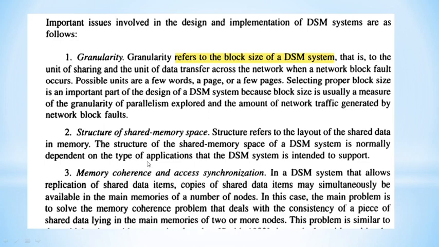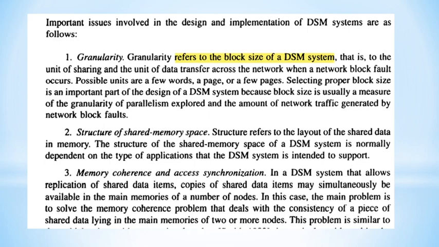The next issue is memory coherence and access synchronization. As there are multiple copies of shared data items, they are all available simultaneously in the main memories of a number of nodes.